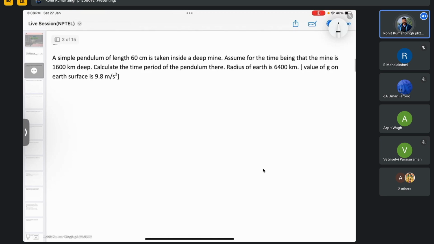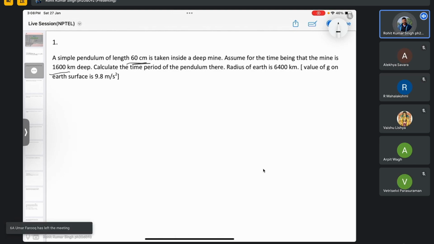Okay, so this is a very simple problem. A simple pendulum of length 60 centimeter is taken inside a deep mine. Assume for the time being that the mine is 1600 kilometer deep, and calculate the time period of the pendulum there.